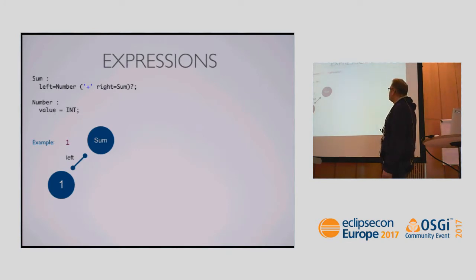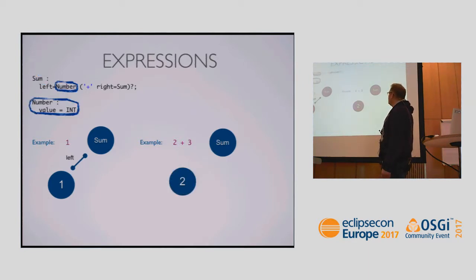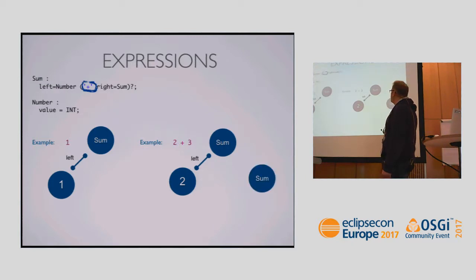Let's take it one step further. We do this with the same rules. What happens? First, same again. We enter the sum rule. We create a sum. We face the 2, so it creates a 2 number object and assigns this to the left feature. Now we see that plus sign, and it knows, oh, I have to create another sum.